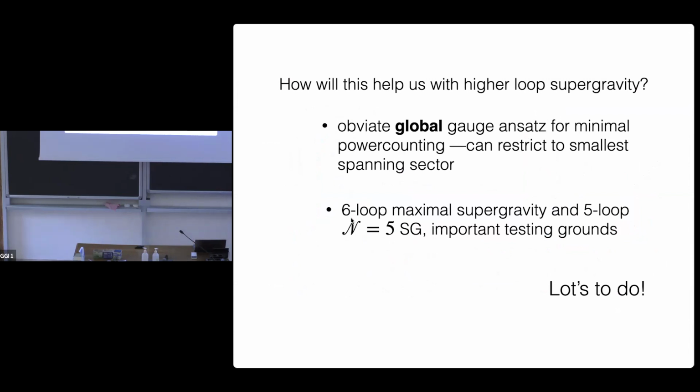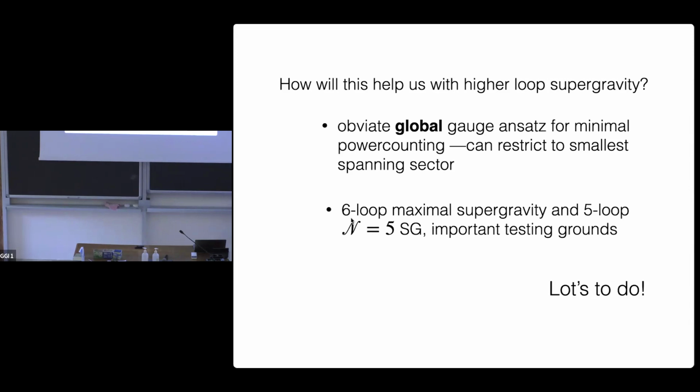higher loop supergravity? So we put out two papers with different five loop n equals eight supergravity integrands. One had horrendously bad power counting. We'd started with a gauge theory representation that wasn't great in terms of its manifest UV properties.